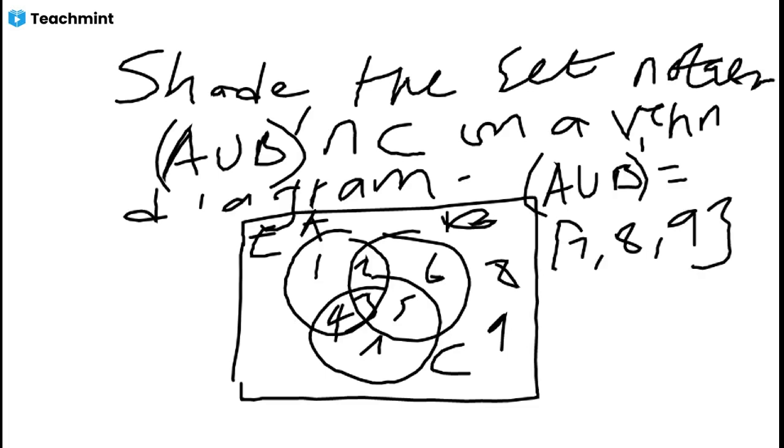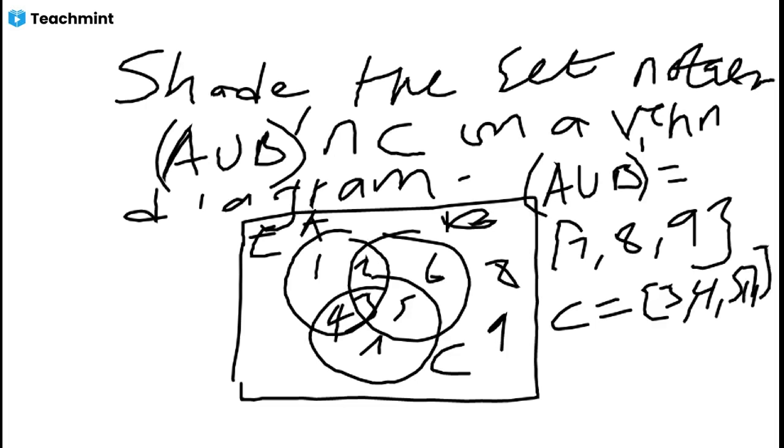So these are the elements outside the union of A and B. And then we also have C. The elements in C are 3, 4, 5, and 7.